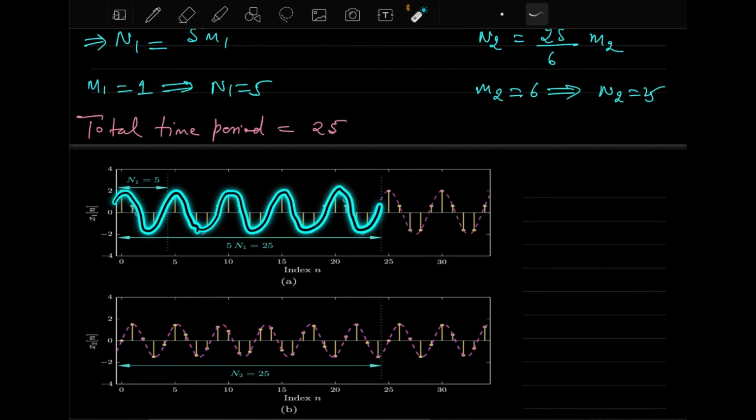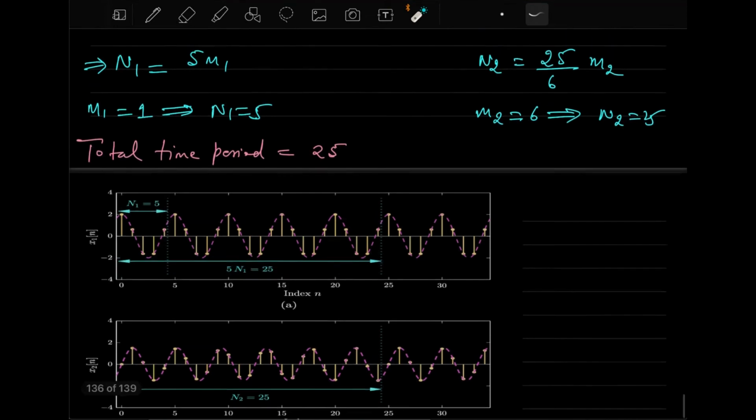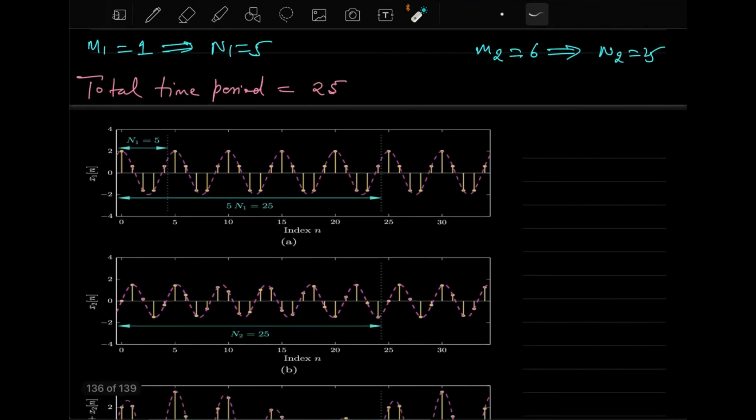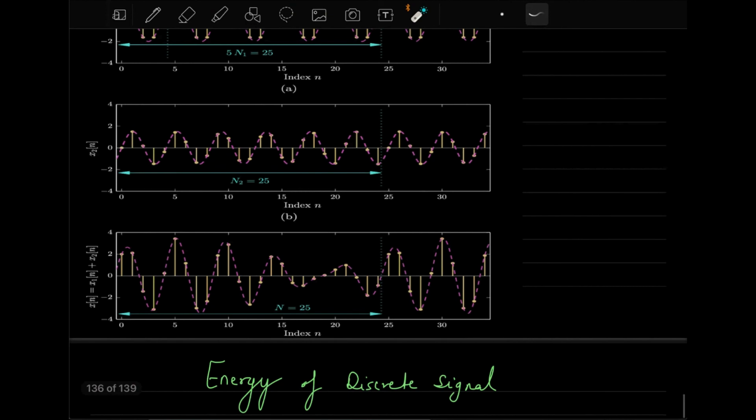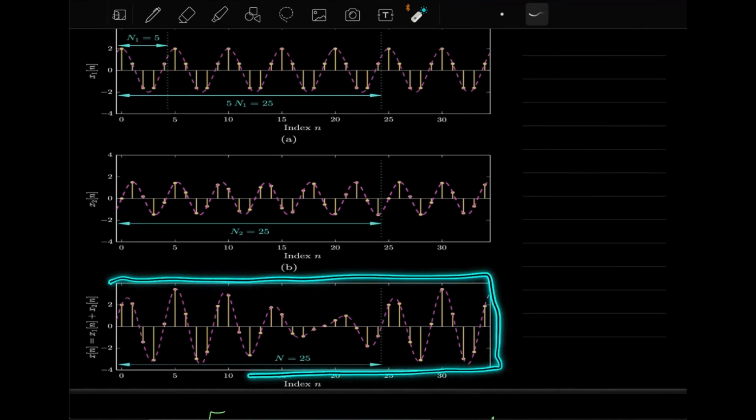And the second one is repeated once in 25. So the combined period is 25. When you add the two, you will get this one. It's a combination of the two, because you are adding them together. You will get something like this when you plot this in MATLAB or Python.